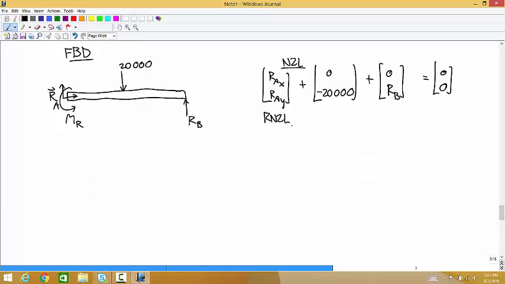And the moment equation says MR, I'm doing it about the left end point again. So MR minus a moment arm of 0.5 times 20,000, so that's 10,000, plus a moment arm of 1 times RB is equal to 0.